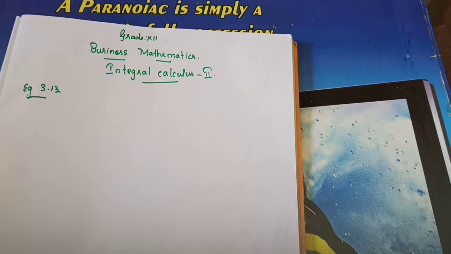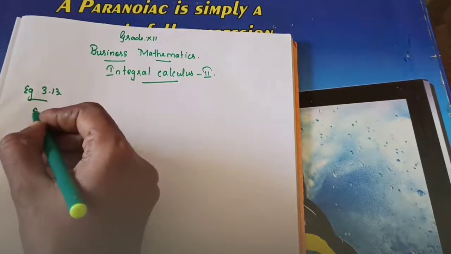Therefore dP by dx is given as 300 minus 5x power 2 by 3. If 64 additional labor, so the limit is from 0 to 64. If 64 additional labors are employed, find out the additional number of units the company can produce. Understand students? That much only.